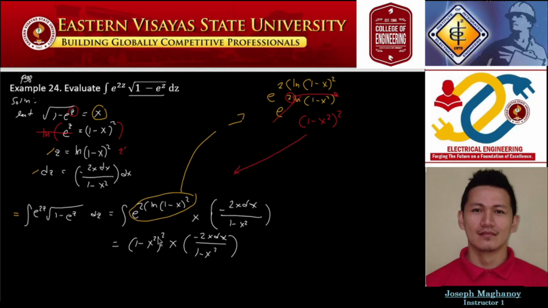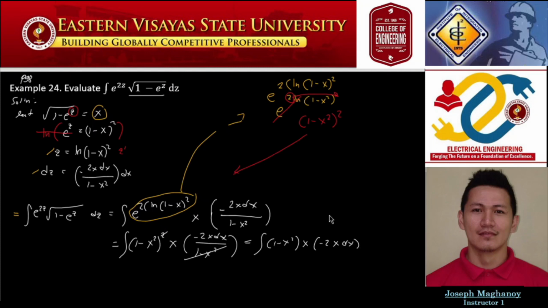Okay, we cancel out one of these, so the remaining is the integral of quantity 1 minus x squared times negative 2x dx.